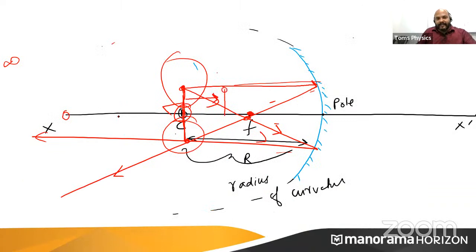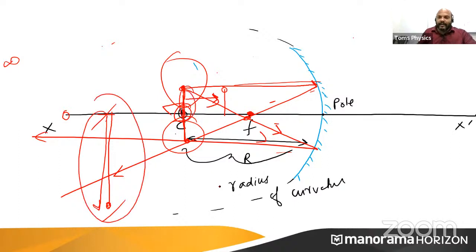If you draw the diagram again, the convergence will be somewhere here. It will be beyond C, and the point at which the rays meet will be something like this. So this object and this image are not the same size. The object is smaller than the image. The image is magnified, it is real, and it is inverted.